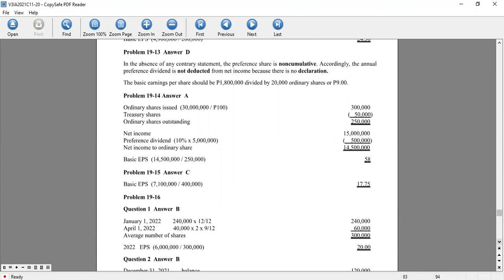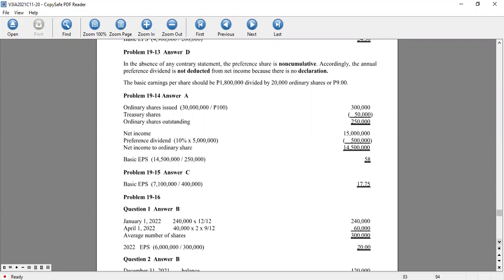That's your earnings per share. But the question in number 13 is, in the computation of basic earnings per share, what amount should be reported as earnings? So we have 1,800,000.